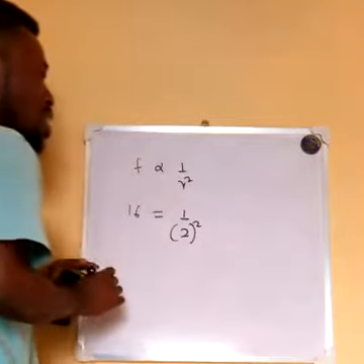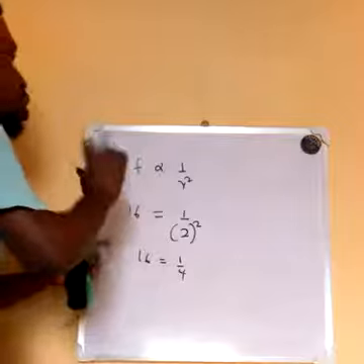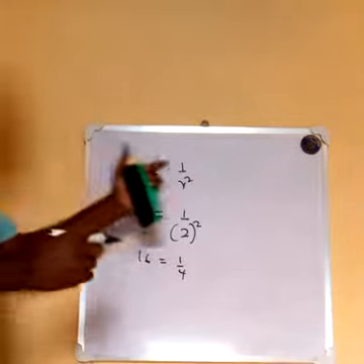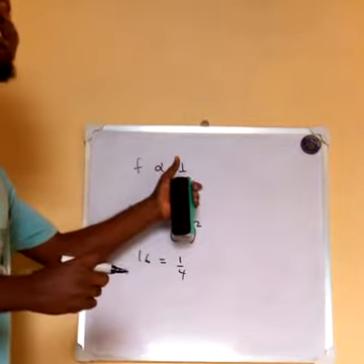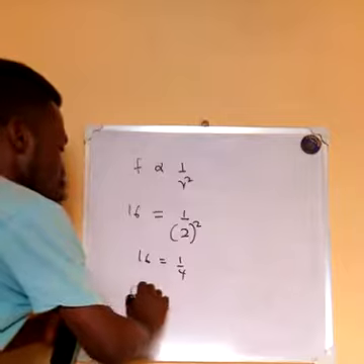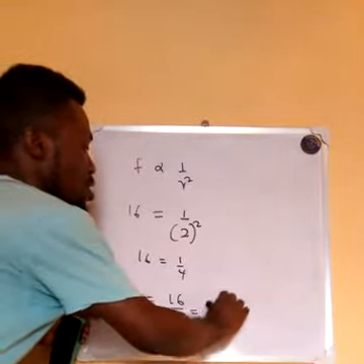That is 16 with 1 over 4. Doubling the distance means you increase the distance, and an increase in distance results in a decrease in the force of attraction. So the new force of attraction will be 16 divided by 4, which is equal to 4 Newton.